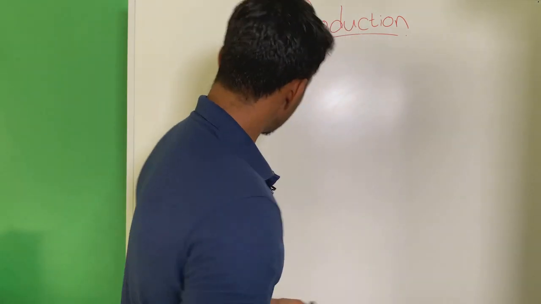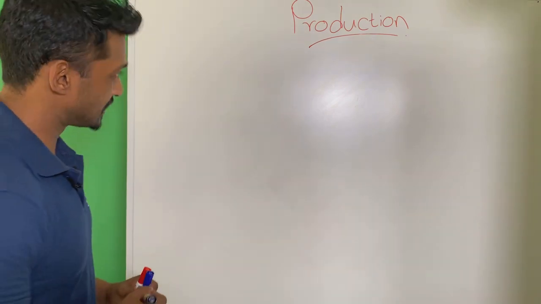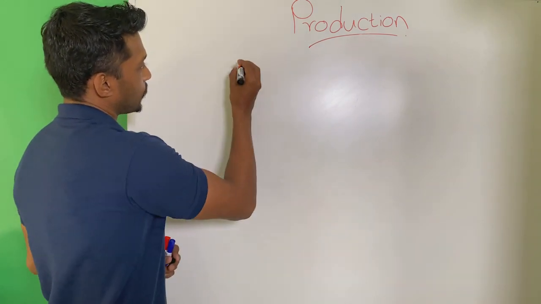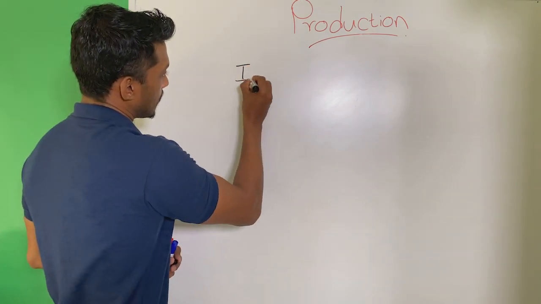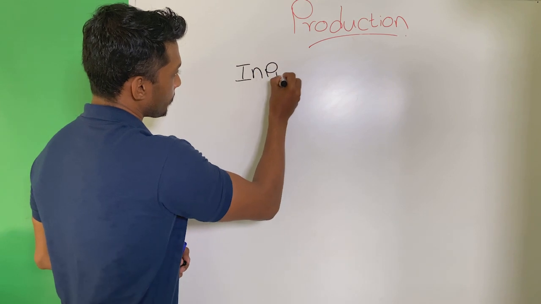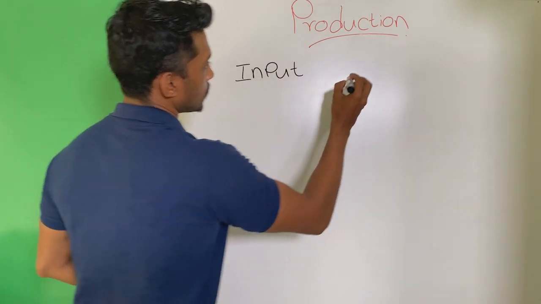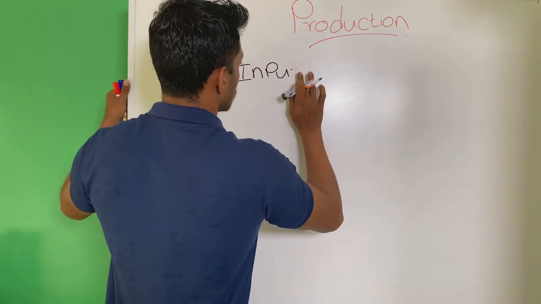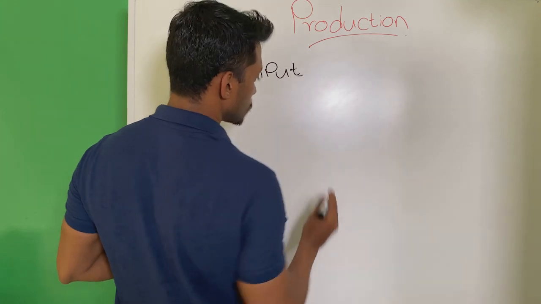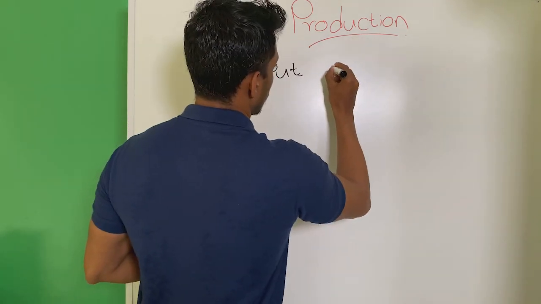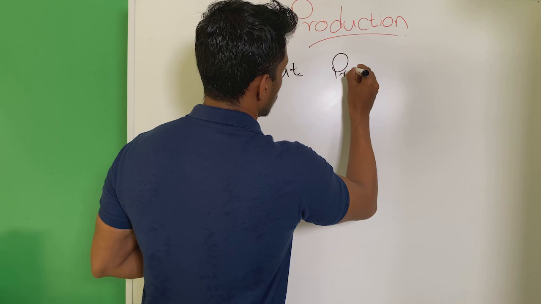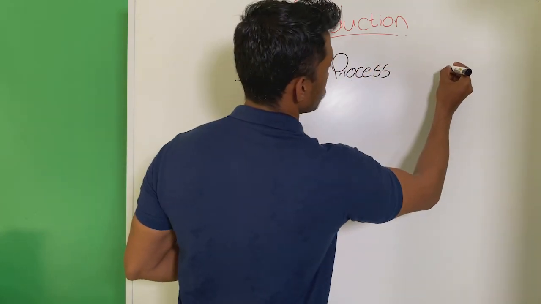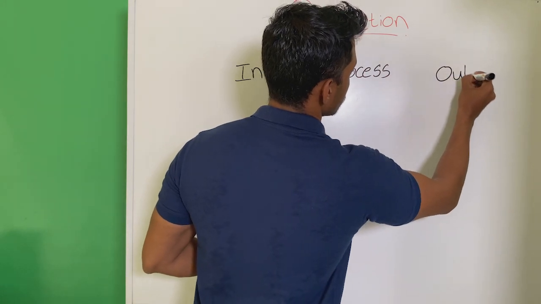Right, let's start. Before that, let me draw the simple process. When we discuss the production process, it starts with input, then process, then output.